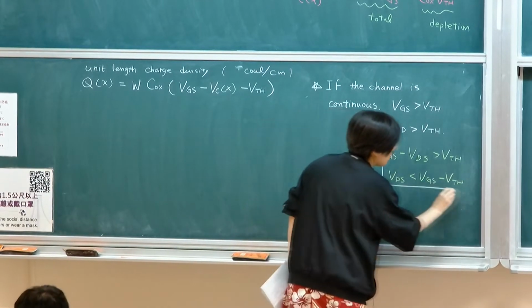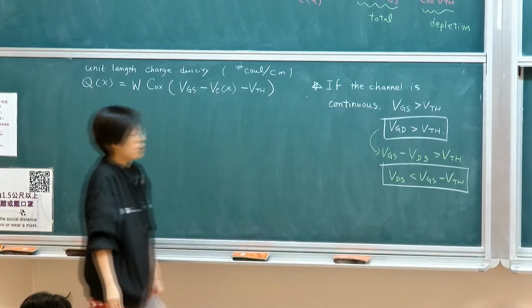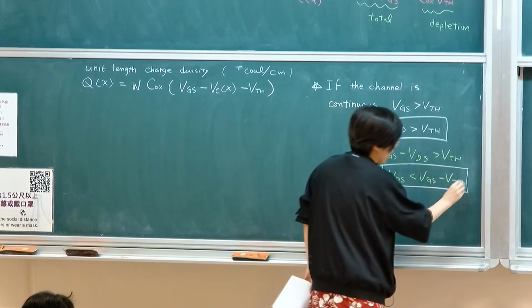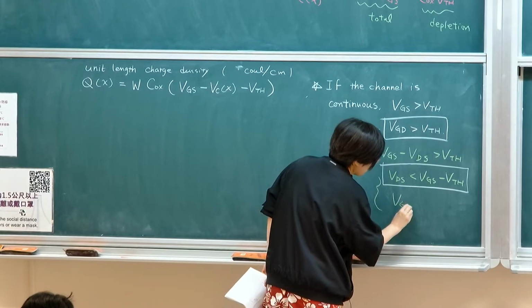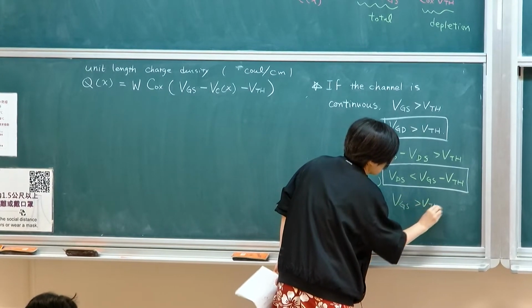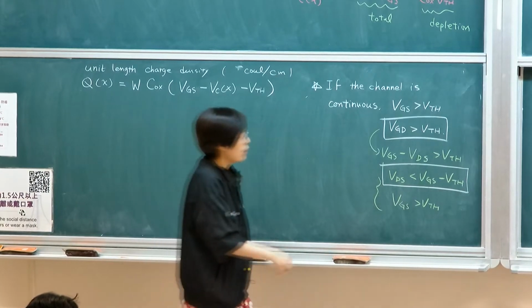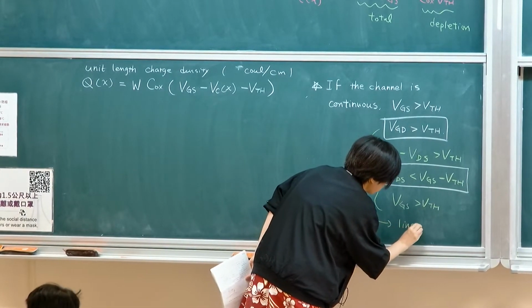This is identical to this. This is a different way of placing the boundary for the linear region criterion. So once again, VGS larger than threshold, and VDS smaller than what we call VDsat, and this would make your device operate in the linear region.